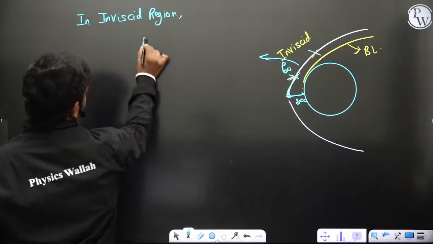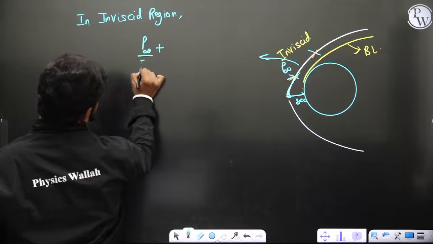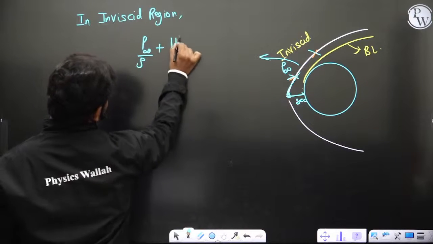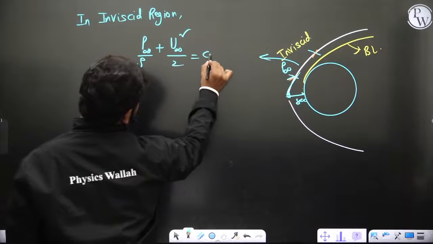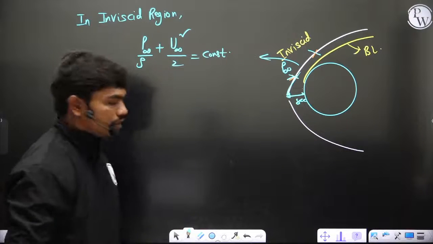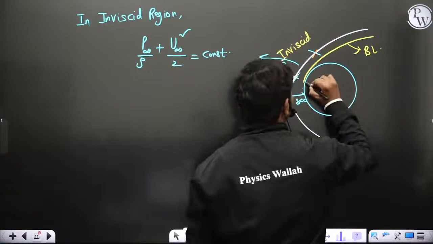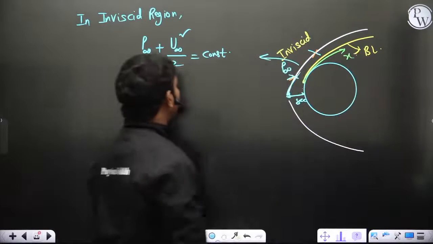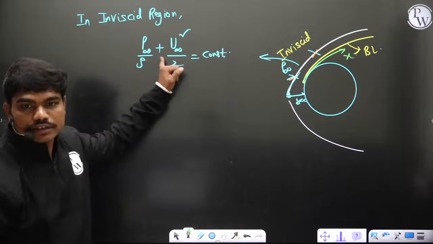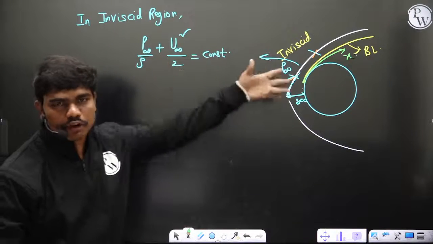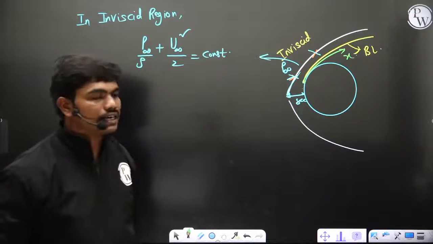What you can say is that the outside pressure by rho plus U infinity squared by 2 is always a constant, correct? And this is the streamline coordinate. This is x in this direction. Now you can see P infinity by rho plus U infinity squared by 2 is constant. I am dropping the potential term, no variation with respect to z and all.